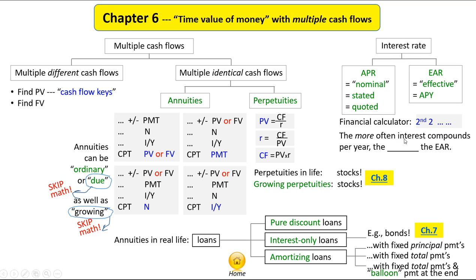The more often interest gets compounded within a year, the higher the effective annual rate. Okay, so this is the summary of chapter 6.